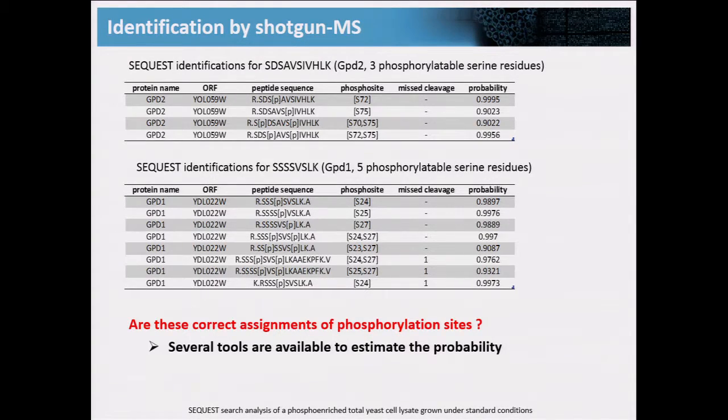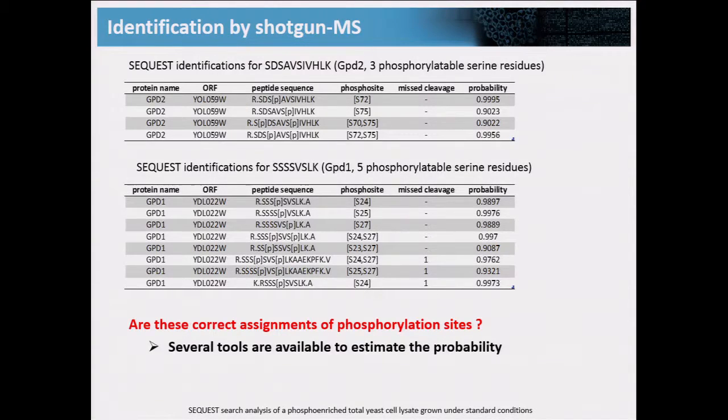This list is associated with a list of probability of identifications, and in recent years, maybe with a probability to assign the phosphorylation site. So we have two types of probabilities. One is how confident I am that I identified the right phosphopeptide, and two, how confident I am that I assigned the site in the correct place.